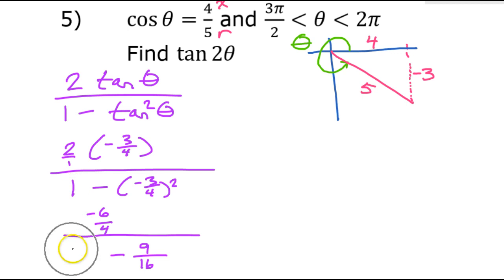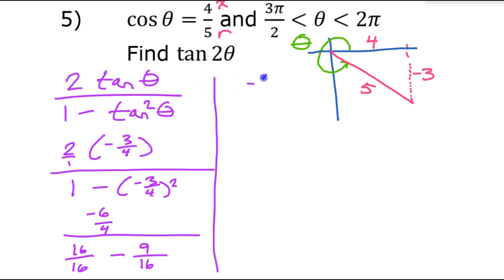Now 1, I'm going to use the magic of 1 and write that as 16 over 16, so I will have like denominators. Alright, let me make a new column. So I'm going to have -6 over 4 over 16 minus 9, that's 7, so I'm going to have 7 over 16.